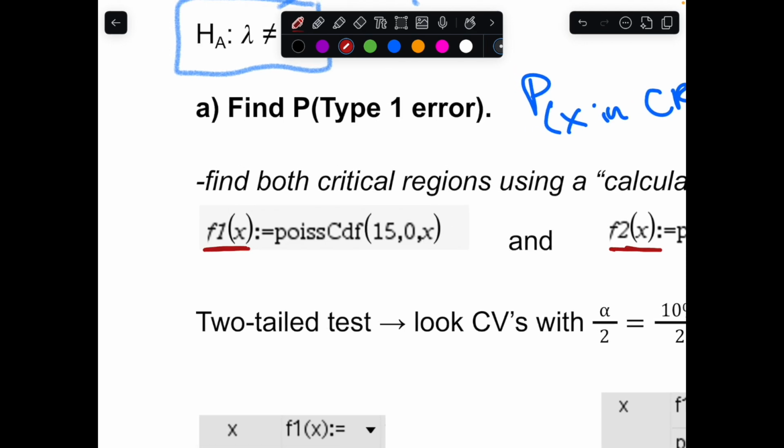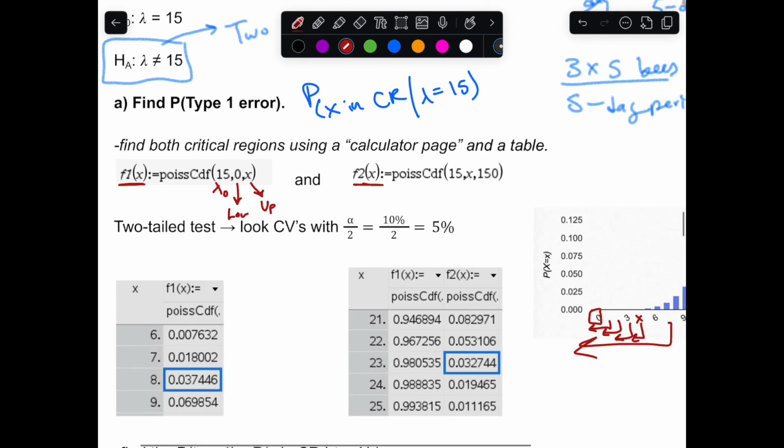And so when I do the lower bound critical region, I'm going to enter my null lambda, lower bound is 0, and my upper bound is changing, so we call that X.